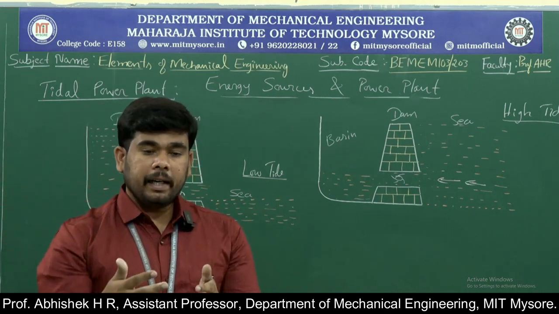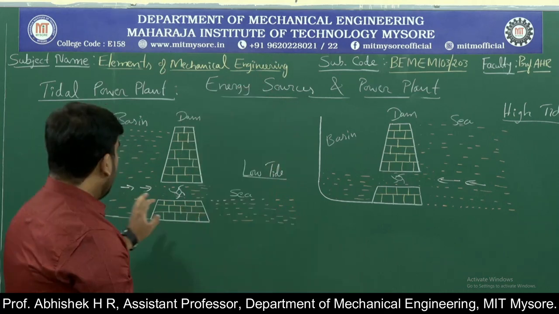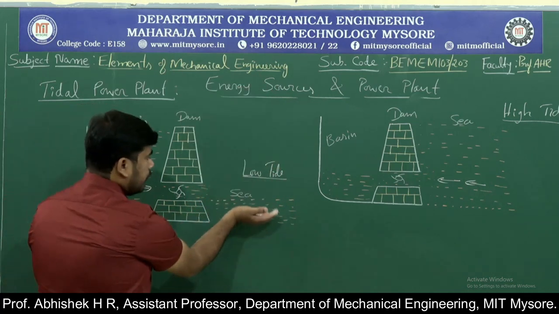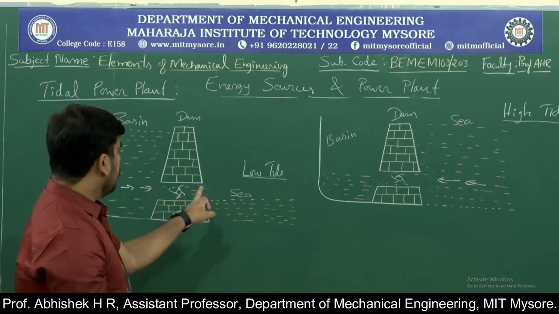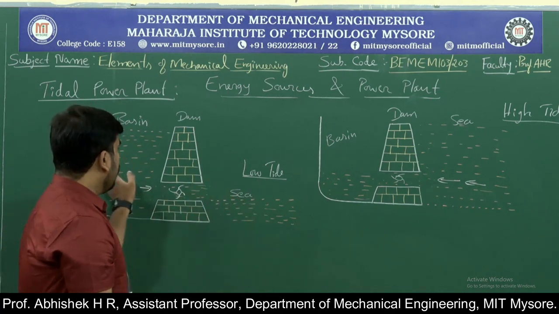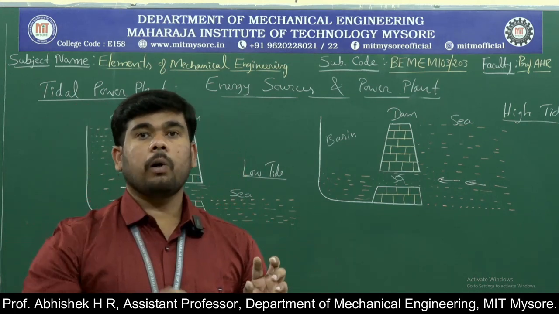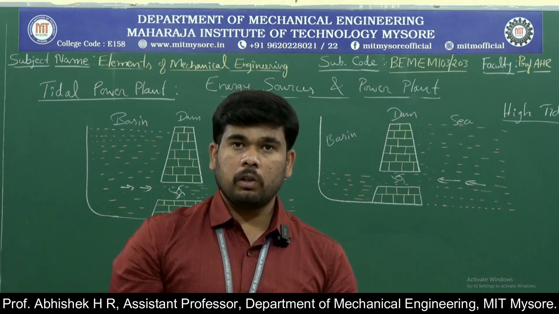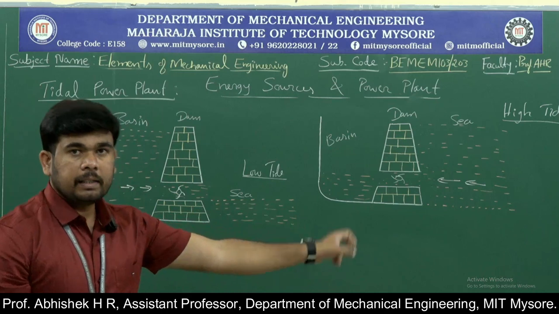We always create the water basin near the sea, and when we have the low tide, during that time we release the water in the water basin. The already stored water in the water basin will be released to the sea.